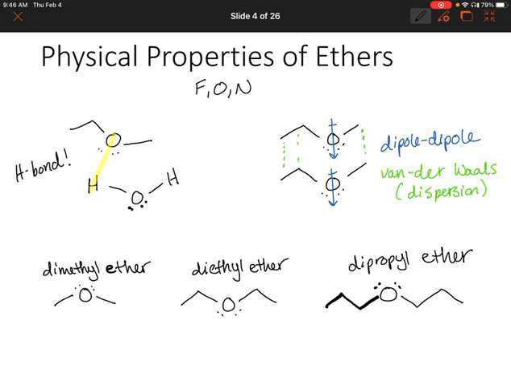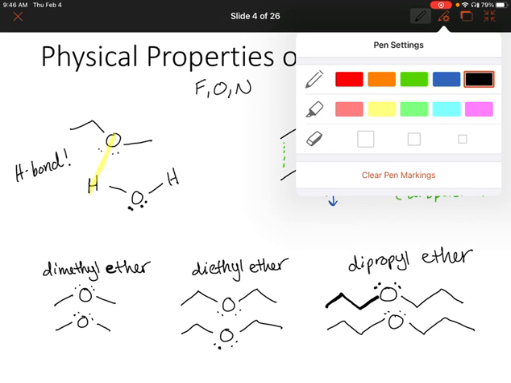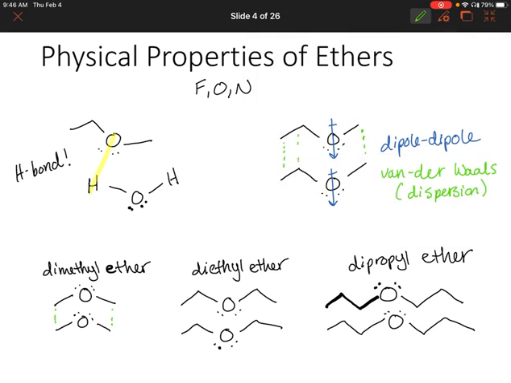So if you have a bunch of dispersion forces, you can have a pretty strong interaction. So the more carbons and hydrogens we have on our ether, the stronger the force between molecules. So for instance, if we draw another set of each molecule here, we can kind of see that the dispersion forces are going to increase the more carbons we have.